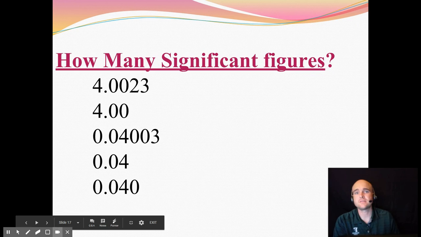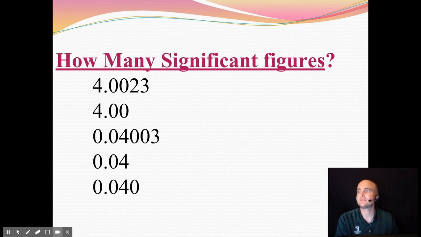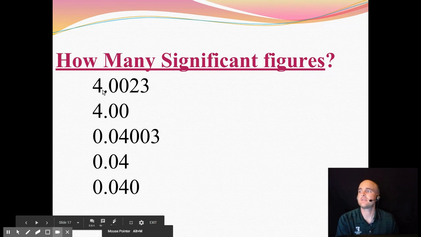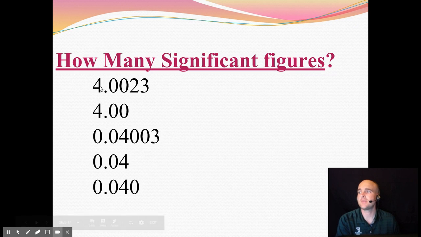We keep track of these in our numbers by using sig figs. How many sig figs are here? There are 5 here because any non-zero number is significant, and any zero between two significant figures is also significant. That's that sandwich rule.